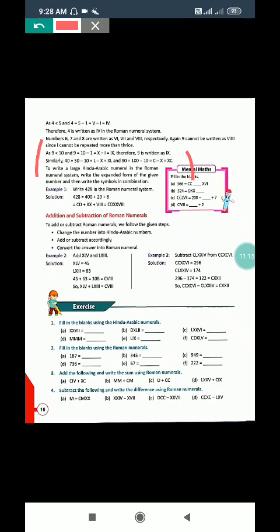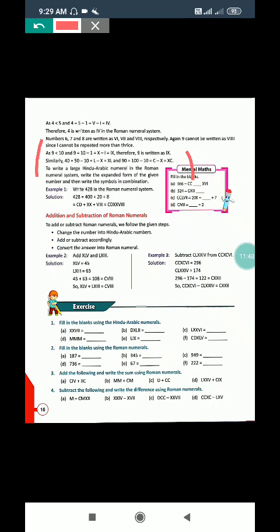Similarly, how will we write 40? As we know, 40 is equal to 50 minus 10. The value of 50 is equal to L and the value of 10 is equal to X. So we will write XL. And 90 is equal to 100 minus 10.